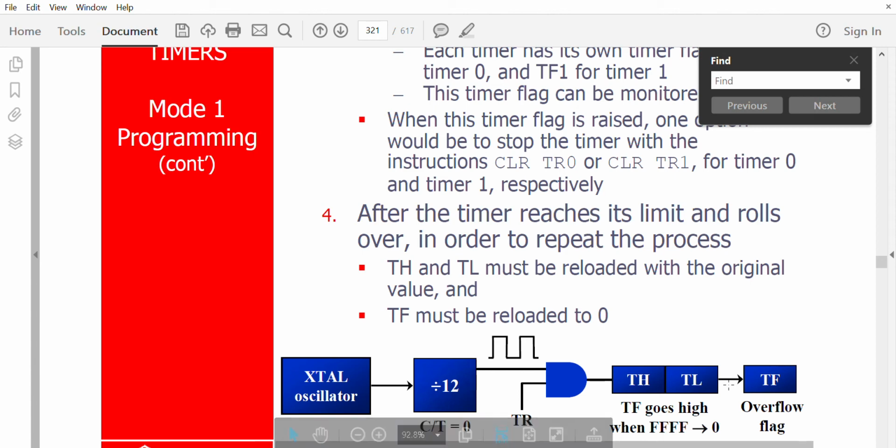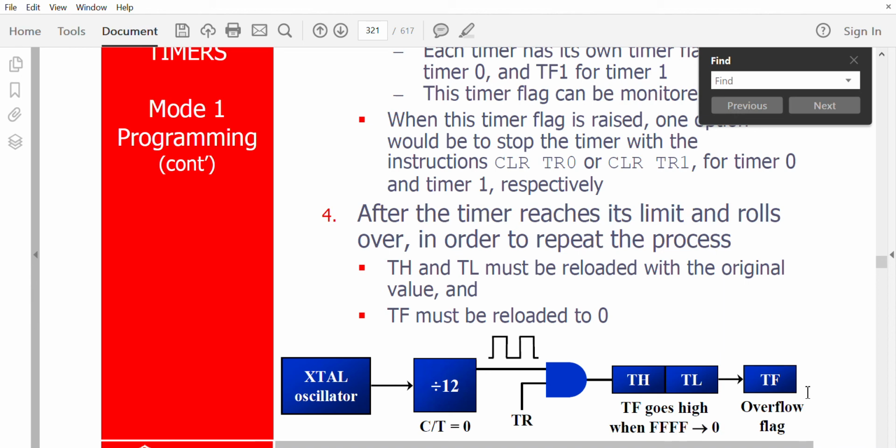It will count up to FFFF. After that, it will go to 0000. So when that incident happens, when it goes from FFFF to 0000, the timer flag, you have two timer flags, one for timer 0 and the other for timer 1, will be set to 1. Whichever timer you are now using, that particular TF flag will be set to 1.